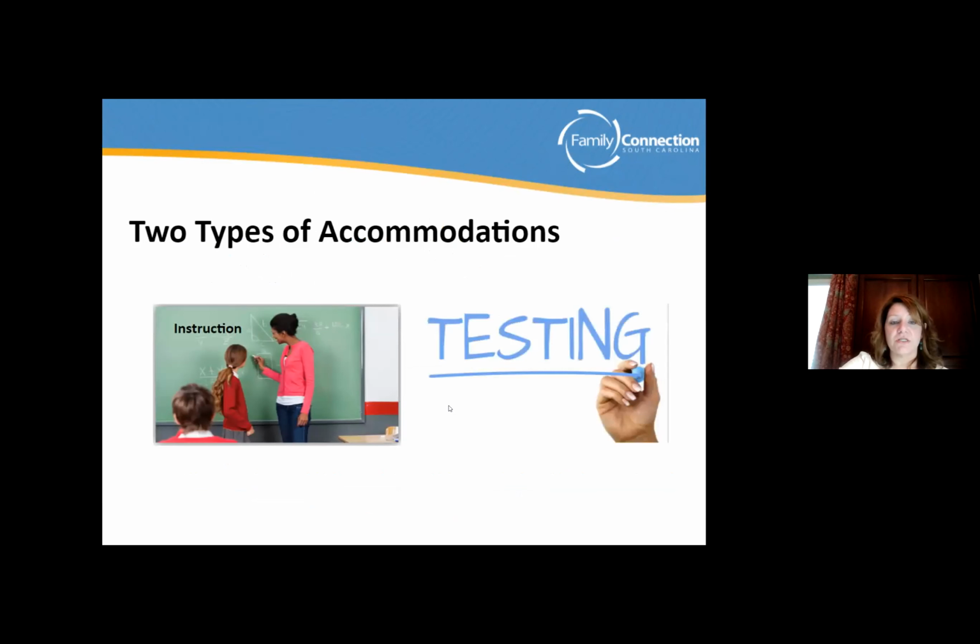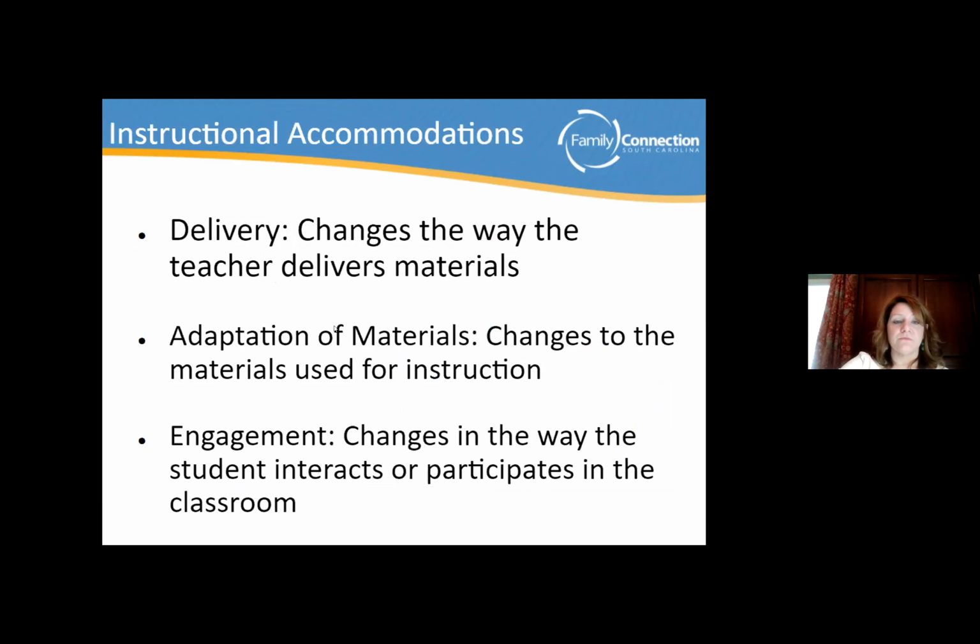Okay, so digging back into accommodations, we have two types that we'll talk about today: instructional accommodations and testing accommodations. First, instructional accommodations. As far as delivery, that's when it changes the way the teacher delivers the materials. That could be all the different methods, like orally or in writing or in print or electronically. Adaptations of materials means changing the materials used for instruction so the student can see them better, or they're organized differently.